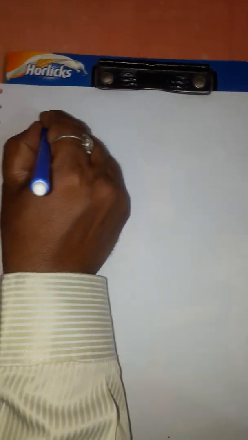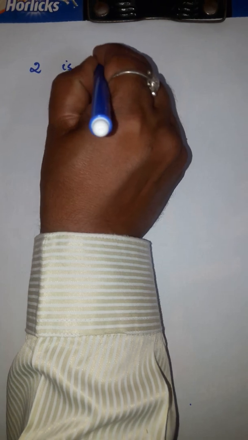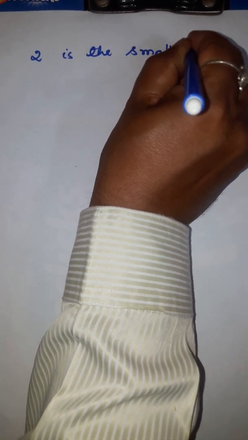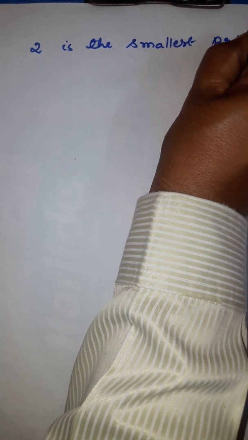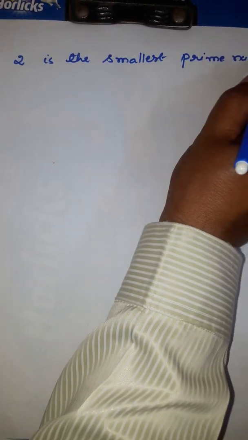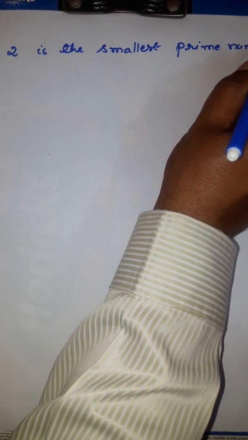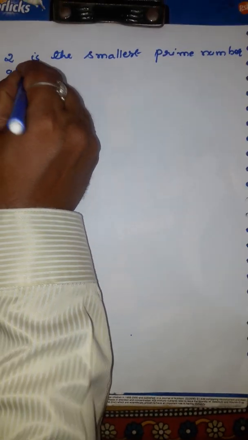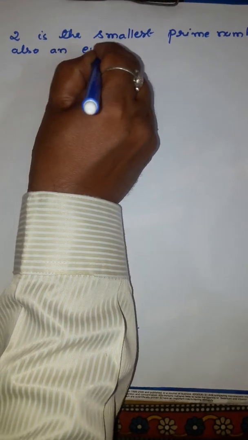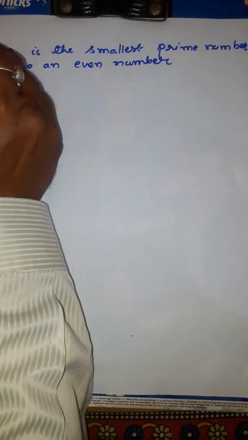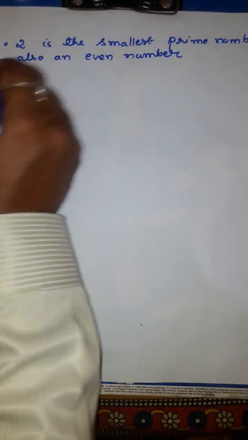See, 2 is the smallest prime number. Two is the smallest prime number, and also an even number. So, an important point you have to note.